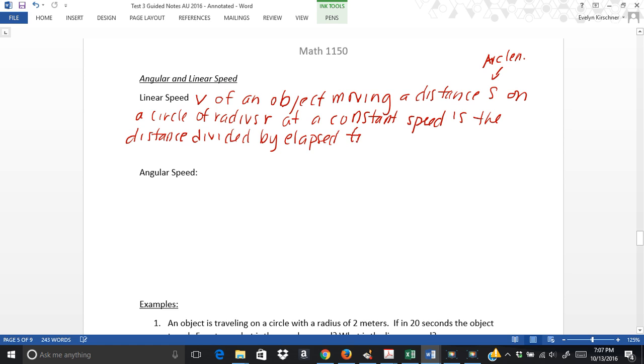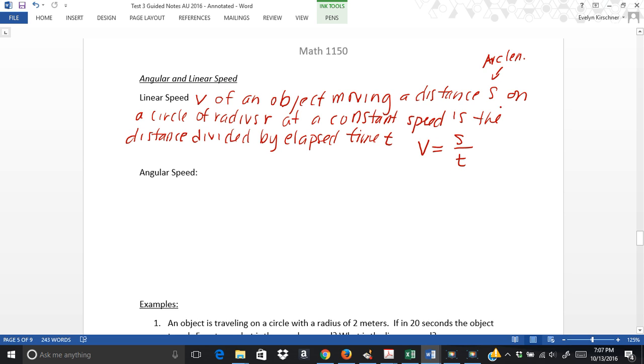How much time has gone by? And that's t. So we define it as v equals s over t, which is typical. In general, for any kind of linear speed, it's distance divided by time.